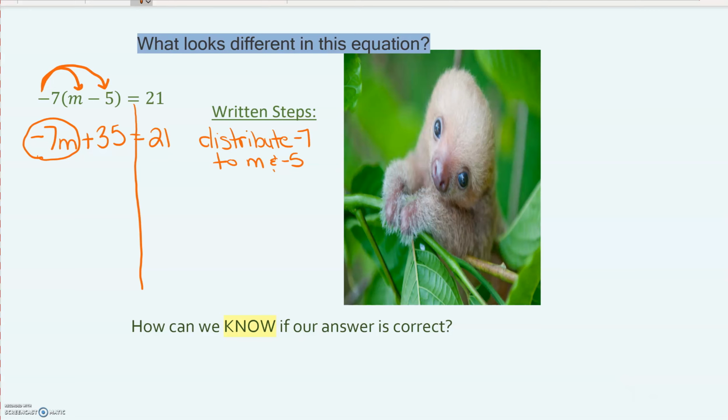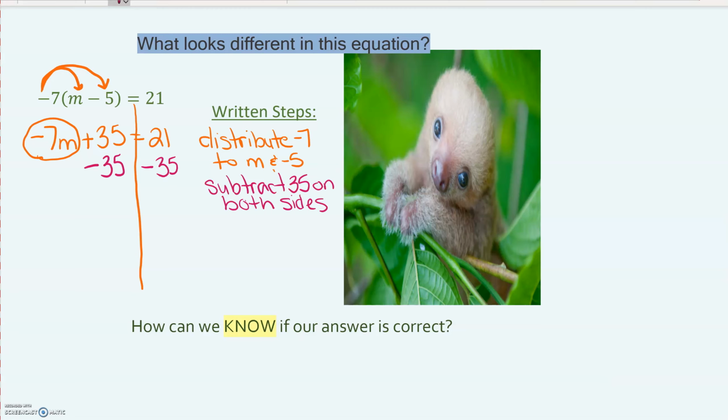We now notice on the left side of the equation, we still have a +35. We need to know what operation undoes a +35. Subtraction undoes that addition.